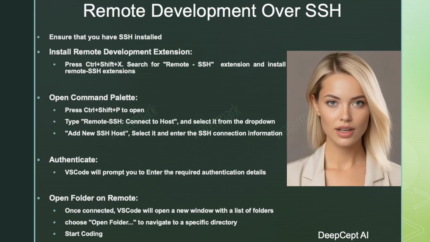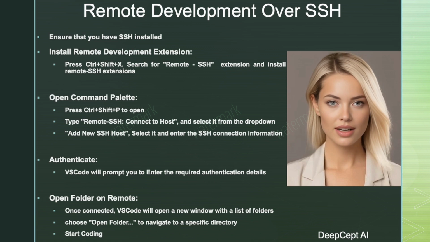Once installed, open the command palette with Ctrl+Shift+P and select Remote SSH Connect to Host. If it's your first connection, choose Add New SSH Host and enter the SSH connection information for your remote server. Authenticate using your SSH password or private key passphrase when prompted.